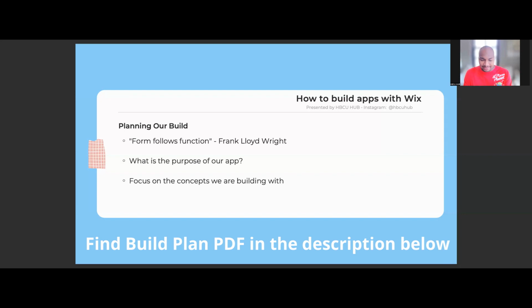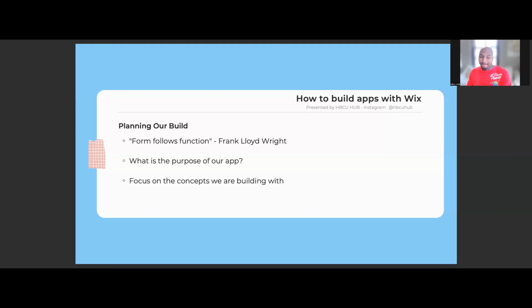Focusing on those concepts, a few things that we'll be using for this actual project is going over user interfaces, how to actually build a user interface, a database, what is a database, dynamic pages, and how do we encompass all of this into one project to actually build our emergency contact app.